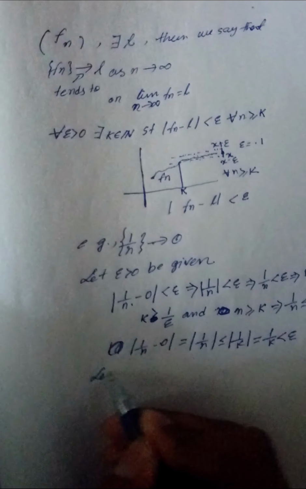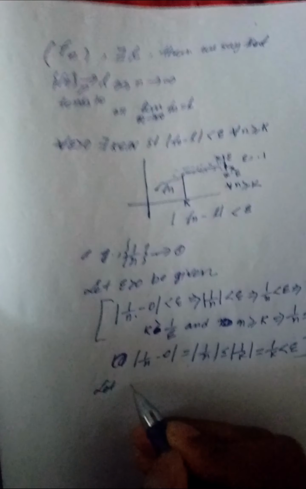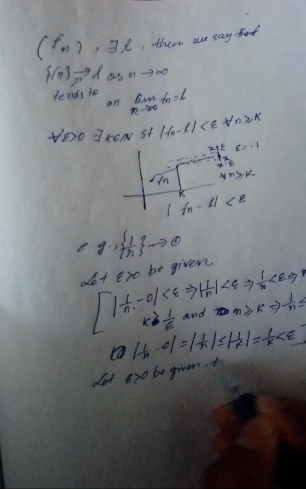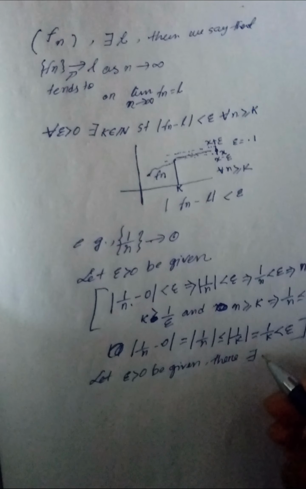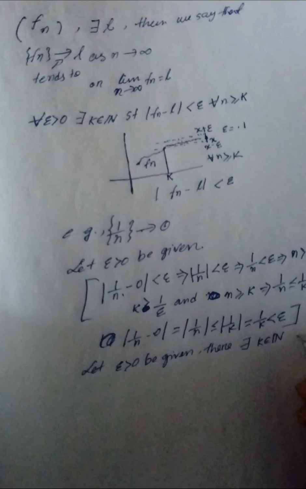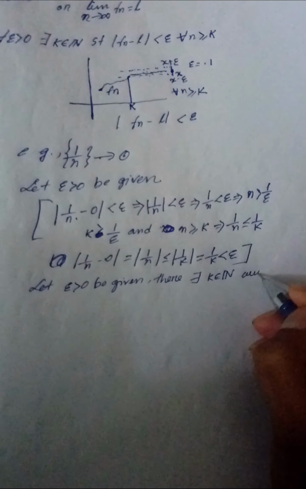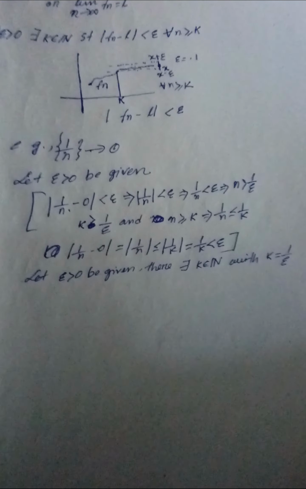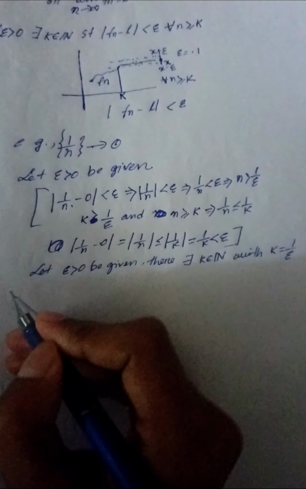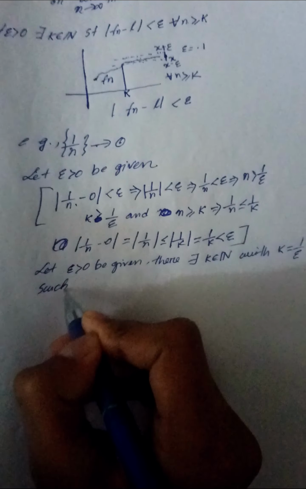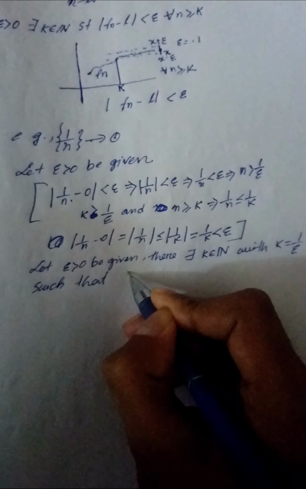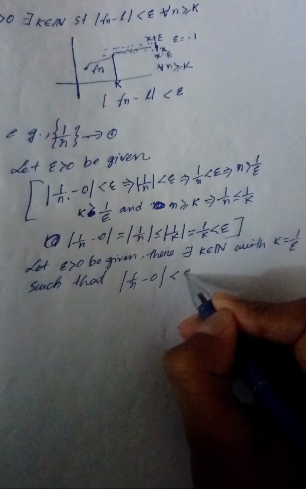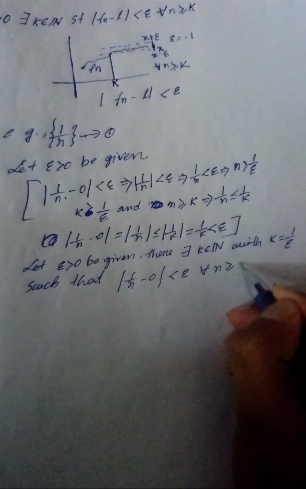So we will write this like this. Let epsilon greater than 0 be given, then there exists a natural number k with k equal to 1 by epsilon such that 1 by n minus 0 is less than epsilon for all n greater than or equal to k.